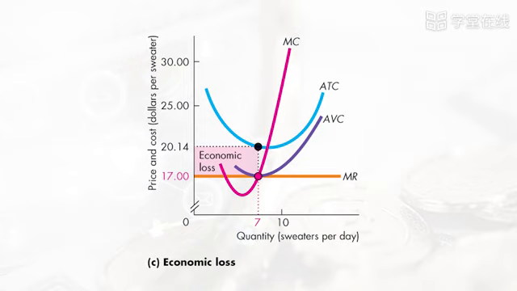But how will this change if a firm moves from the short run into the long run? Because in the short run, we assume that the time is quite short, so firms have no opportunity to change the total fixed cost, which means that in the short run, firms will always have fixed cost.